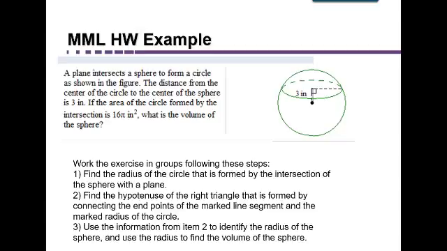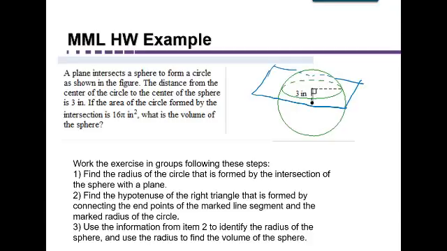So a plane intersects a sphere to form a circle as shown in the figure. So what they're saying is we have this ball, and if you can imagine taking like a sheet of metal and slicing through the ball here, then where it slices through it forms a circle. It says the distance from the center of the circle to the center of the sphere is 3 inches.